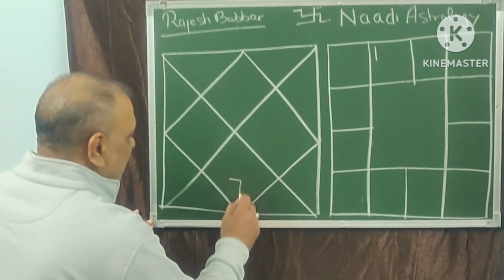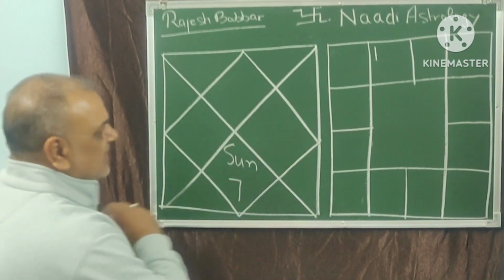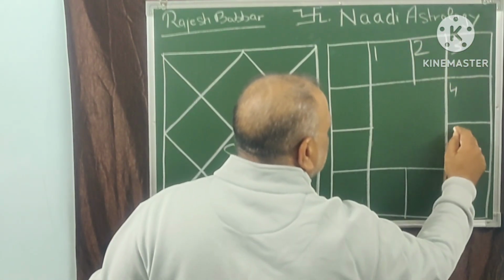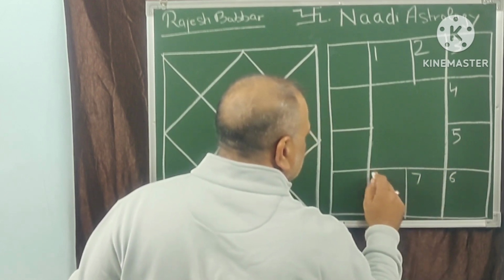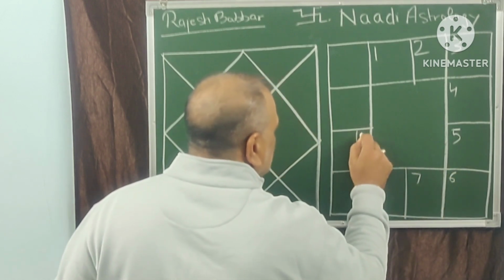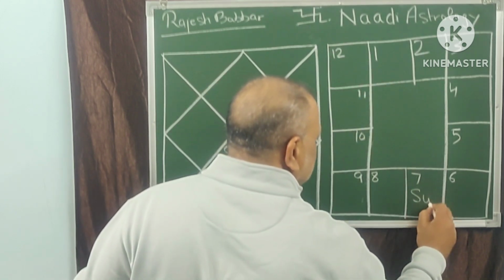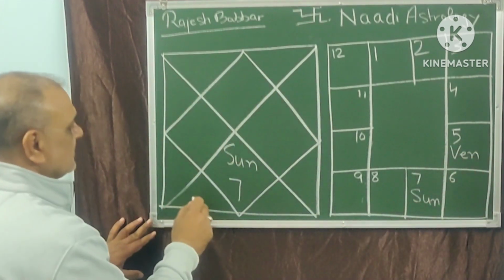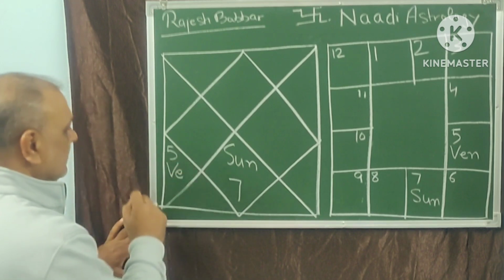First, let us assume the Sun is debilitated here. Side by side I will try to write in the South Indian chart also. So if the Sun is debilitated here in Libra, Venus comes here in the sign of Leo.